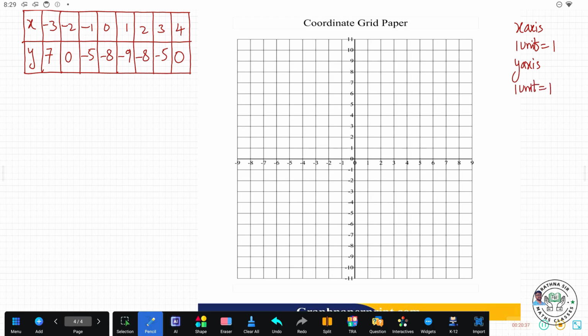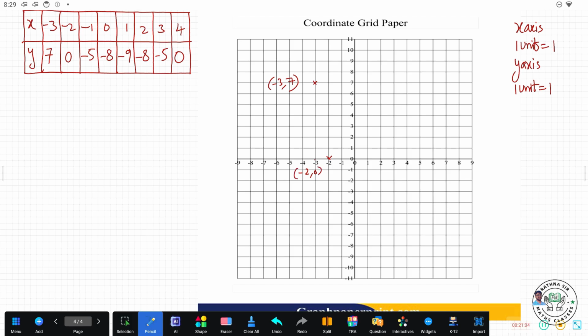Okay, so first point is minus 3, 7. So this is minus 3, 7. Second point is minus 2, 0. So this is the second point, minus 2, 0.